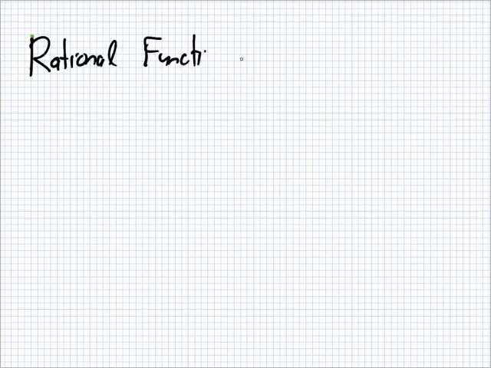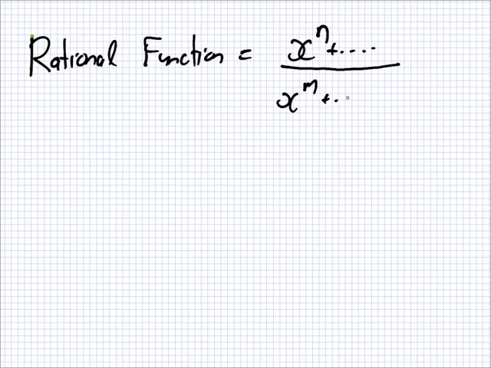So if you remember, with a rational function, you have something like power n on the top, and then power m on the bottom. So we call this proper if n is smaller than m.